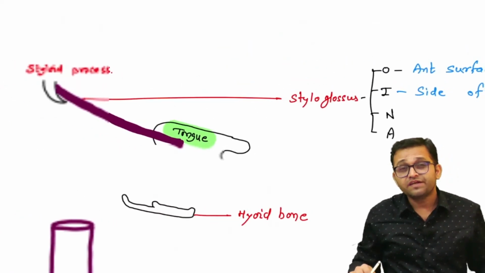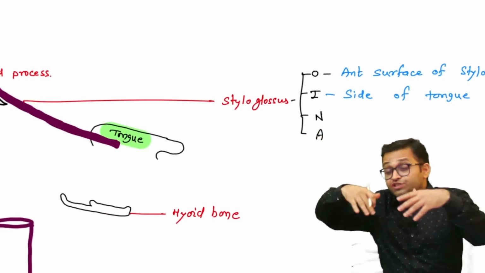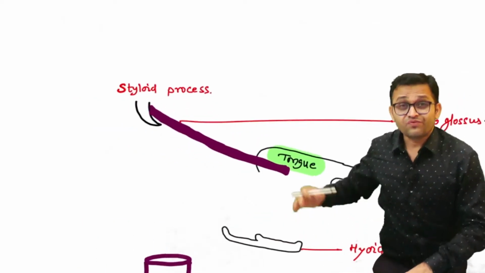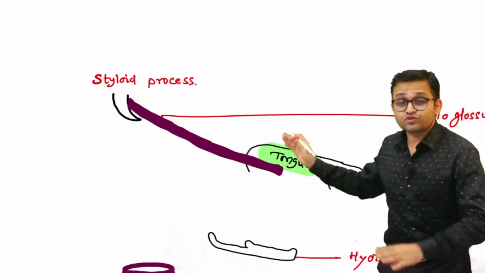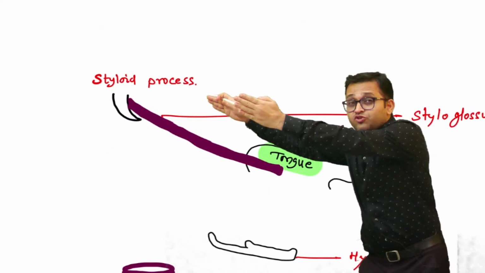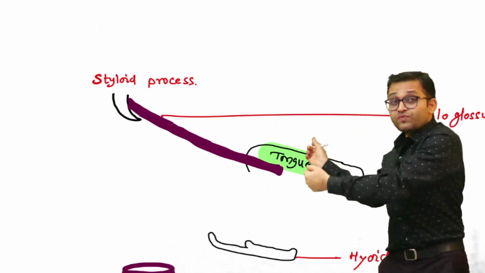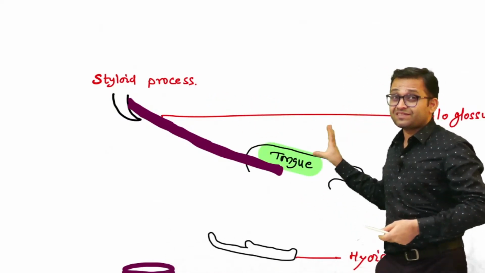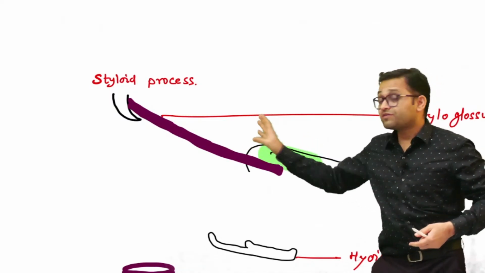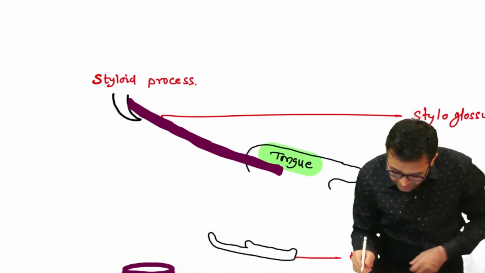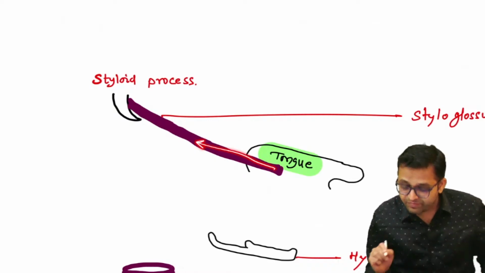Now try to understand what the action is. I told you, wherever the muscle goes, the movement follows. So this muscle is coming from the styloid process and getting insertion into the tongue. When this muscle contracts, it will pull the tongue backward. So what you have to remember is that it pulls the tongue at the back side.